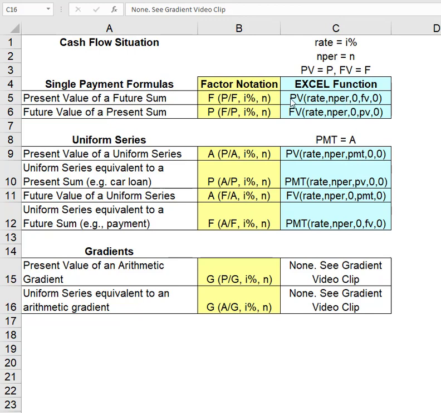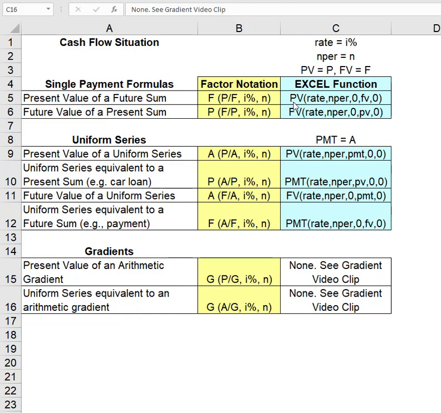For example, our three workhorse Excel functions are the PV function, the FV function, and the PMT or payment function, but we can adjust them for whether or not we're dealing with various cash flows.